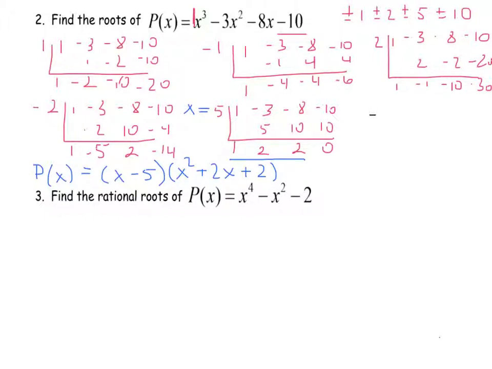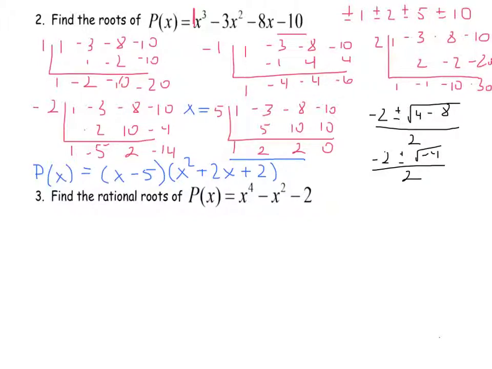So negative 2 plus or minus the square root of 4 minus 4 times 1 times 2, which is 8, over 2. After simplifying, this is negative 2 plus or minus the square root of negative 4 over 2.